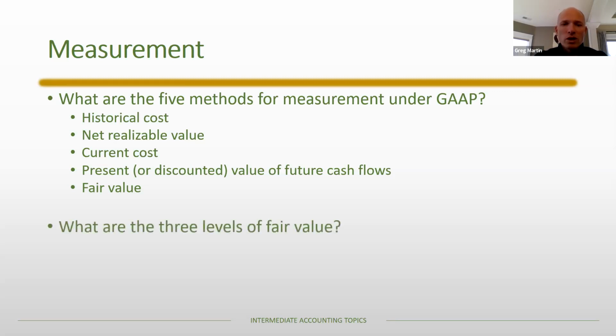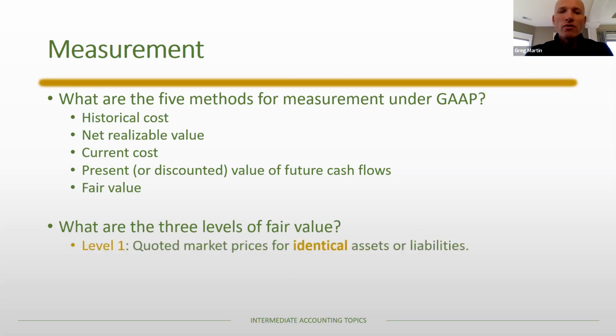So let's give a little more insight into the 3 levels of fair value. So the 3 different ways that we can measure fair value. Level 1 fair value is one where I have an item, and I can observe identical assets and liabilities being traded in an open market. As an example, I might have shares of Microsoft stock and I'm holding them.